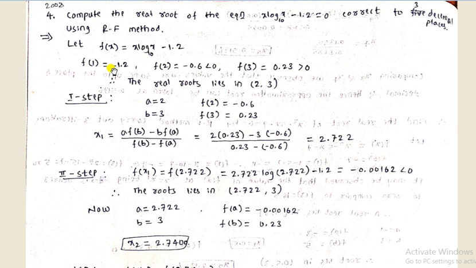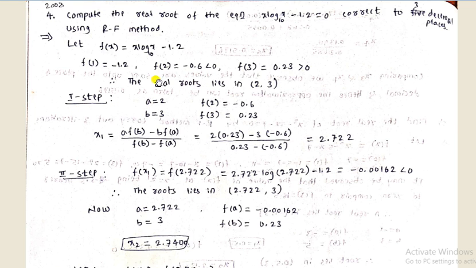So when x equal to 1 it is negative, x equal to 2 negative, x equal to 3 positive. So two negative values and one positive value. So you have to take 2 and 3 because 2 is closer to 3 compared to 1. So the required root lies in between 2 and 3.